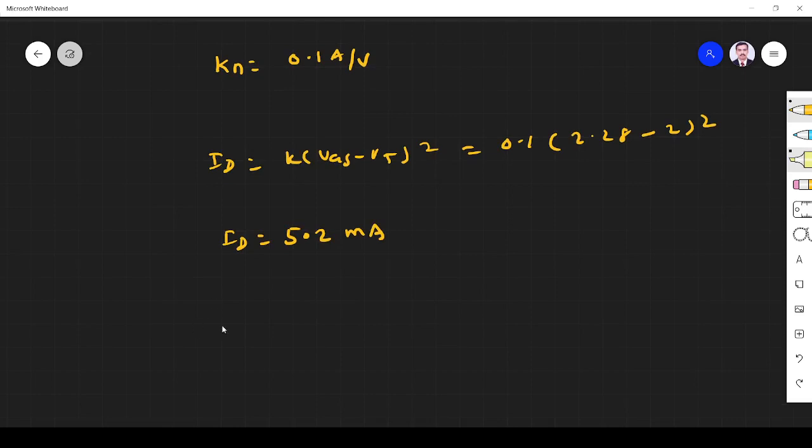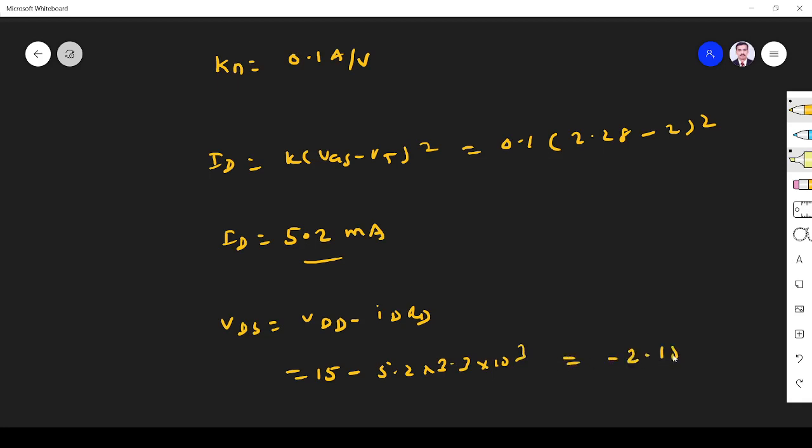Okay, then VDS. VDS we know VDD minus ID RD. VDD 15 minus ID 5.2 into RD. RD is 3.3 into 10 power 3. So if you simplify, minus 2.15 volt.